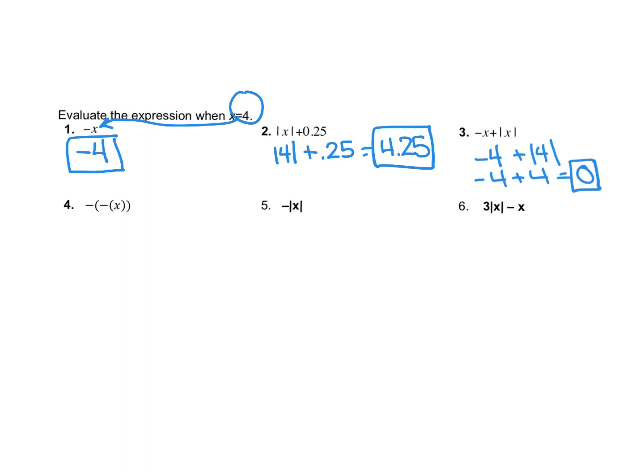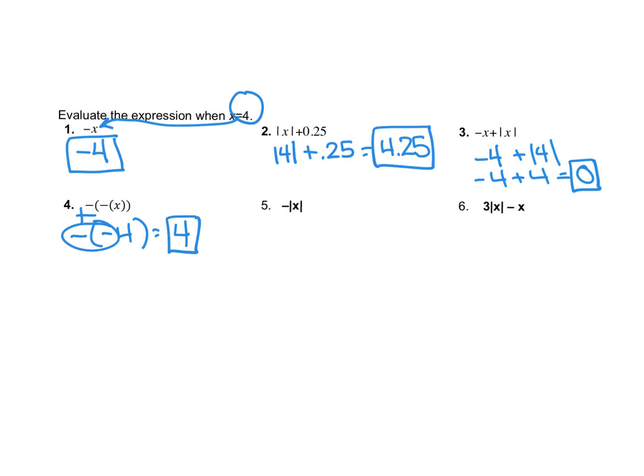All right, for the next one, I would probably read this as the opposite of negative x. So let's go ahead and place that 4 in there. So I have negative 4. And so I have the opposite of negative 4. Well, we know that the opposite of negative is going to be positive. Another way of looking at that is 2 negatives always make a positive. So I'm going to have a positive 4.